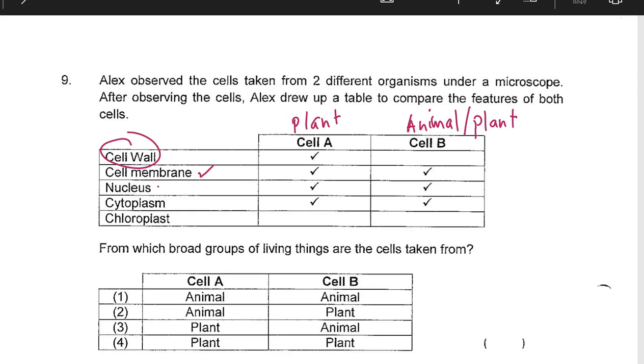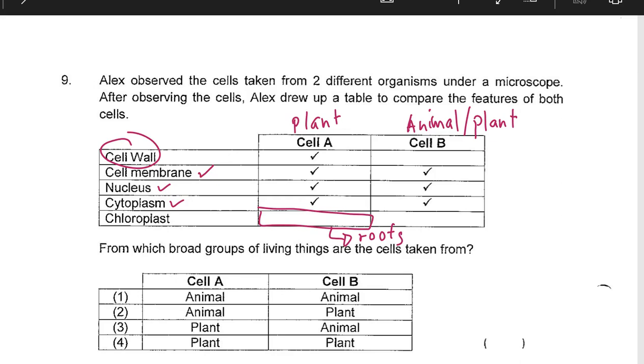Okay, now let's go on to see. We can't compare this, we can't compare this, and we can't compare this because both types of cells have membrane, nucleus, and cytoplasm. Now, chloroplast, interestingly, doesn't appear in either cell A or cell B. Although we said cell A is a plant and there's no chloroplast in it, if you remember our previous similar questions, certain parts of plants will not have chloroplast because they are not in charge of making food anyway.